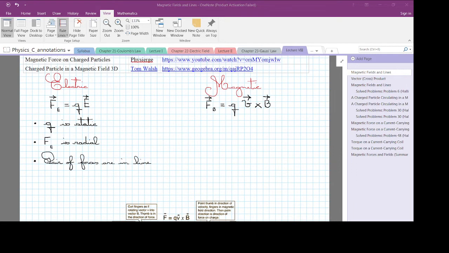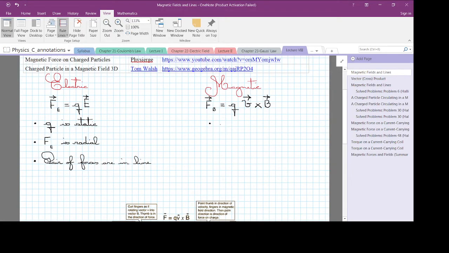For the magnetic forces, first of all, the charge is now moving, and one major characteristic is represented by this vector product here.